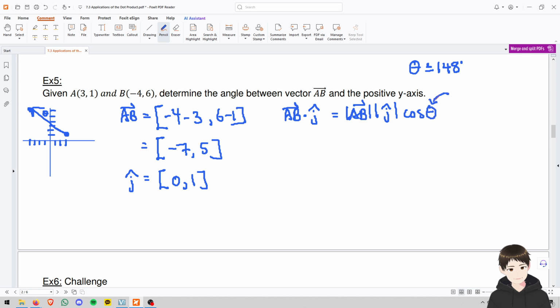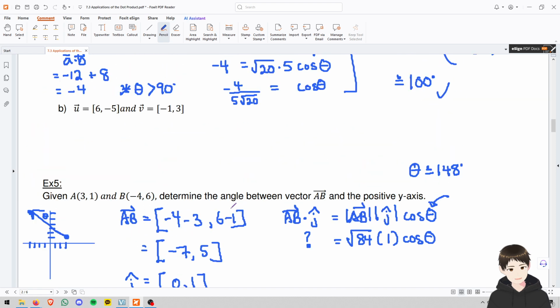And we need to find that. Okay, well, the magnitude of this would be 49 plus 25, 74, root 74. And the magnitude of a unit vector by default is going to be 1. And cosine theta I need to find, which means this must be given too.